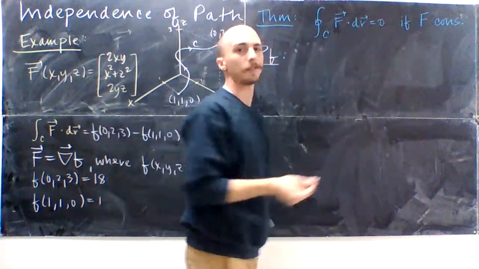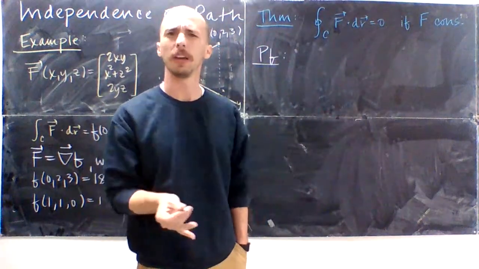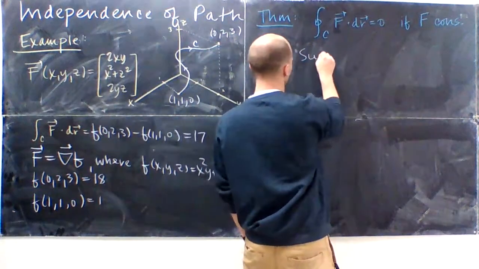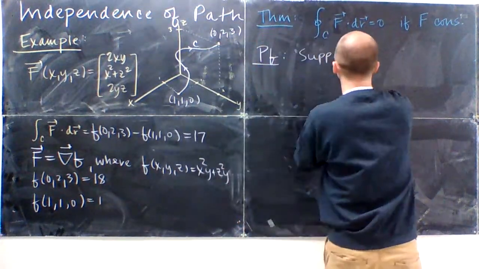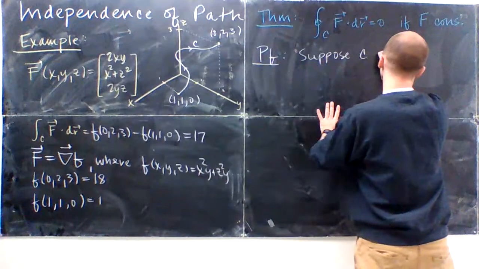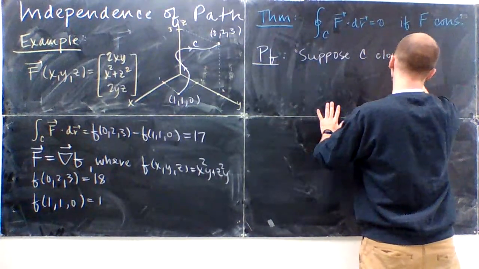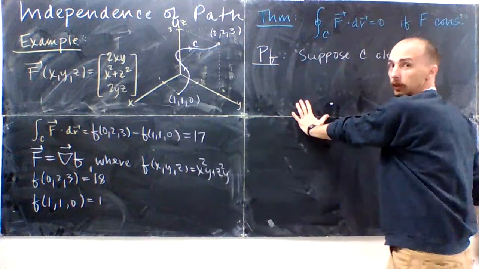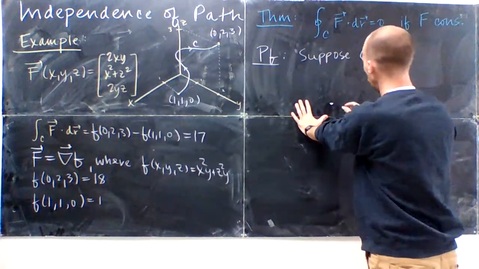So let's say, suppose C is a closed curve, and let's dig down a little deeper and see what that actually means. So suppose C is closed. That means we're going to parameterize C with r of t, some vector valued function.